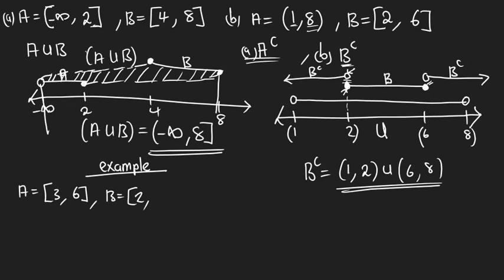So this is going to be 2, 4. Now, let's say x is the universal and it is running from -1 to 10. You are going to plot this on the real line.